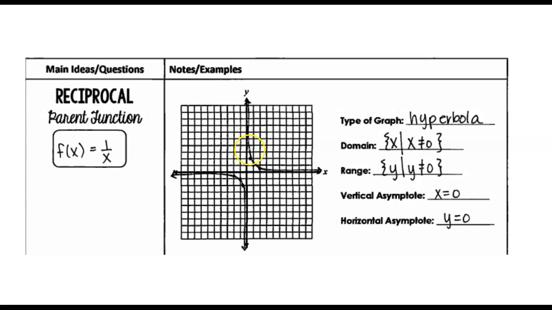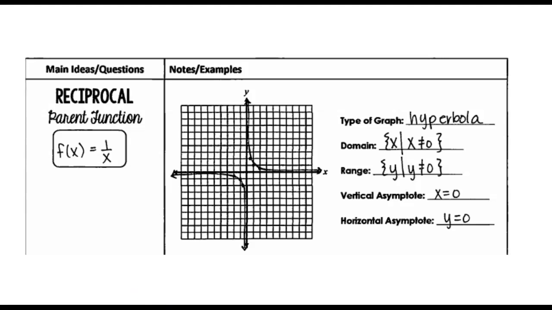This graph can never cross over, and that's because if we look at when x is 0, that would make the function undefined. So our vertical asymptote is when the function would be undefined for the domain value.